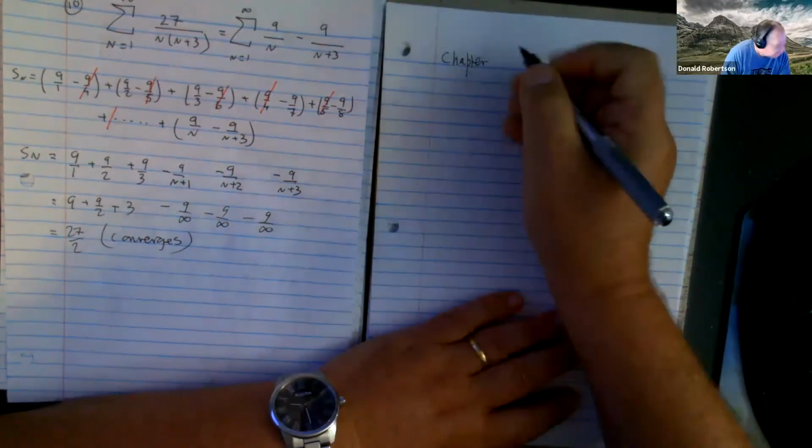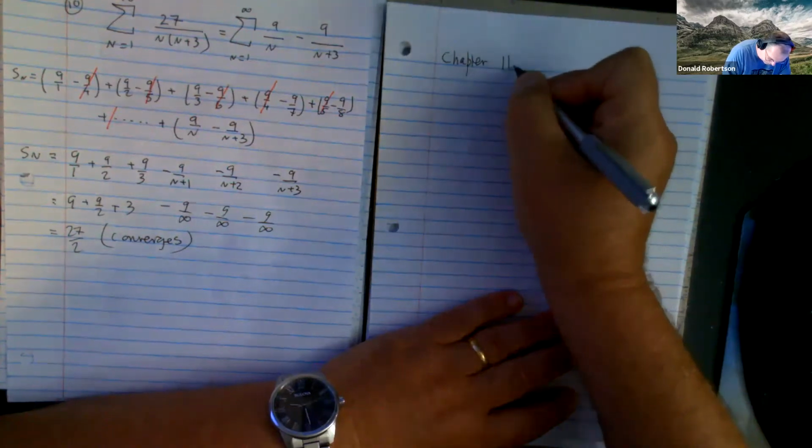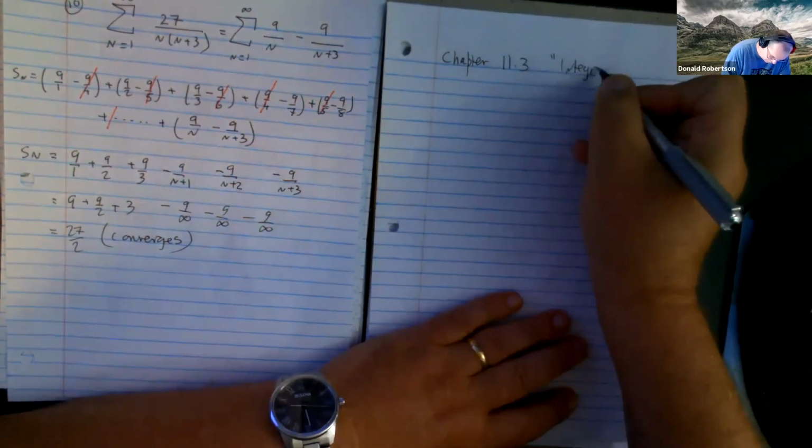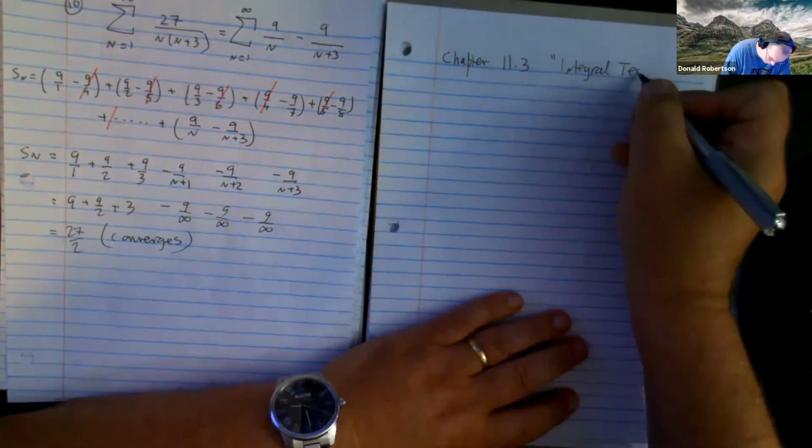Right, let's get started on our next guy then. We're going to look at what's called the integral test. So right now, if you look at the series that we've dealt with, we have a guy called the divergence test.